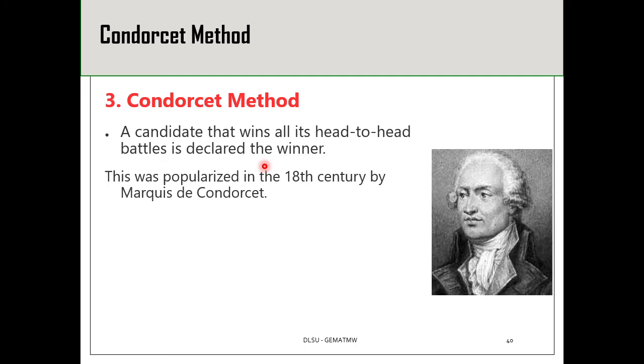Now, it is certainly possible that there is no winner in this Condorcet method. In addition, this is not to be confused with the Condorcet criterion, as again, Condorcet criterion is a fairness condition, whereas Condorcet method is a voting method.